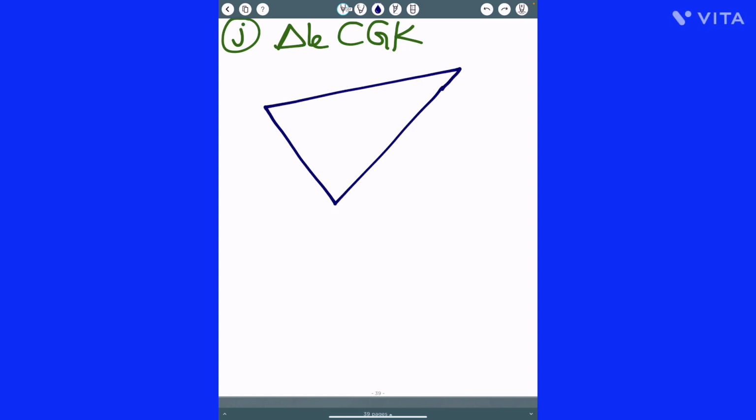This is triangle CGK. So the trapezium around triangle CGK is now here. Okay, that shouldn't be that long. So this is the trapezium.